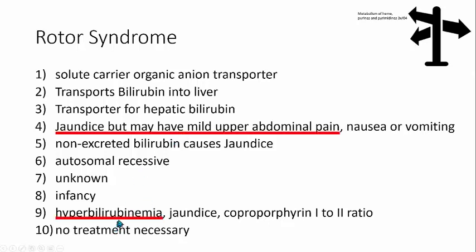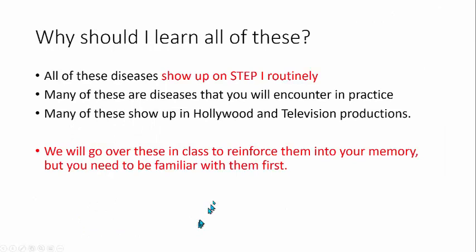We typically differentiate these by the level of hyperbilirubinemia and the ratio of coproporphyrin 1:2. We can also determine the difference between Dubin-Johnson and Rotor syndrome by DNA testing. Again, the jaundice in this case is typically self-resolving, and so little to no treatment is given to the patients.